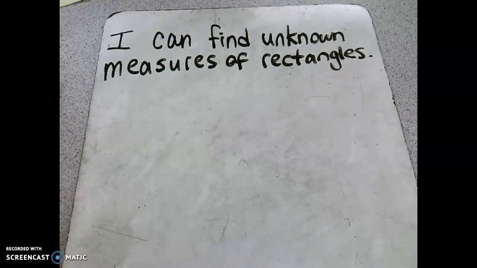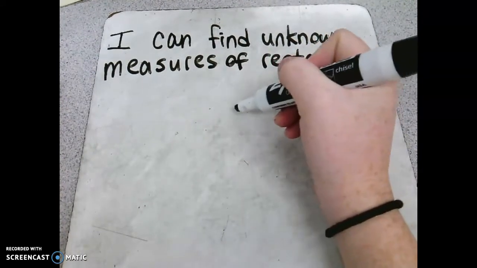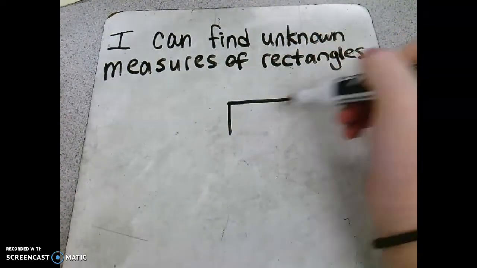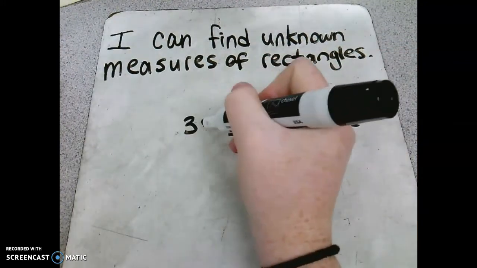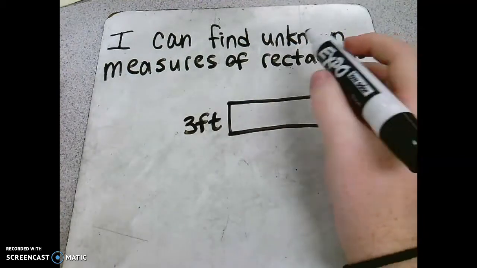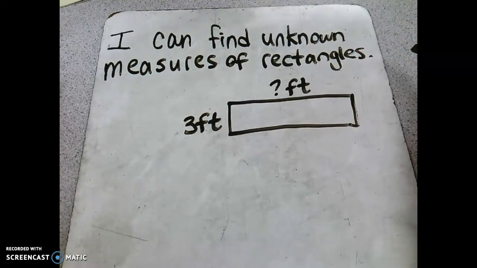Okay, so let's do an example of this. Let's say you had a rectangle that had 3 feet on one side, but this one, we didn't know the length of it.